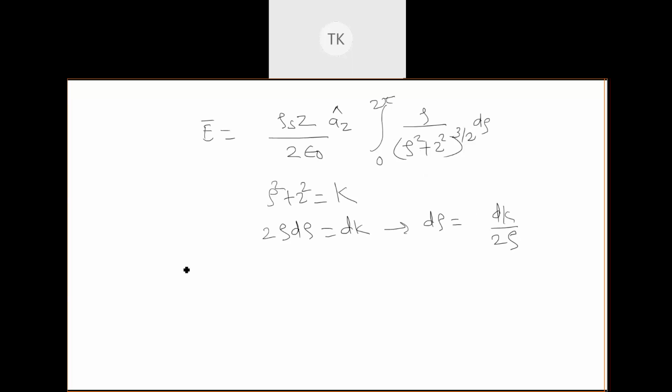Just before that, we need to change the limit. If you consider rho square plus z square is equal to k, and differentiate this term, 2 rho d rho is equal to dk, so d rho will be dk divided by 2 rho. Okay, so we need to change the limit also.